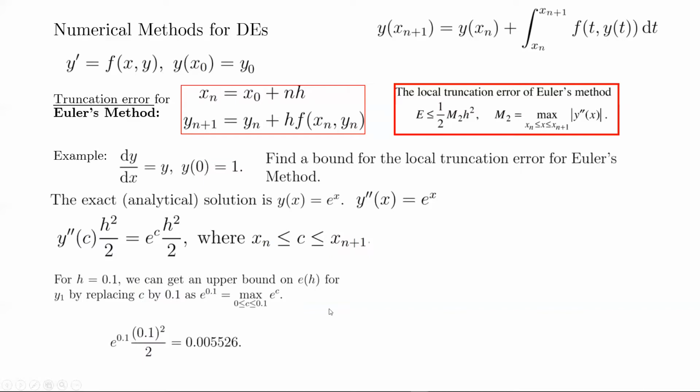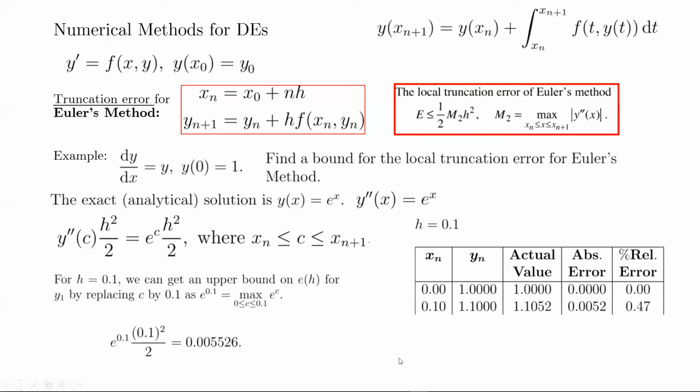Therefore the local truncation error in the first step of Euler's method using a step size of 0.1 is e to the 0.1 times 0.1 squared over 2, which is equal to 0.005526.